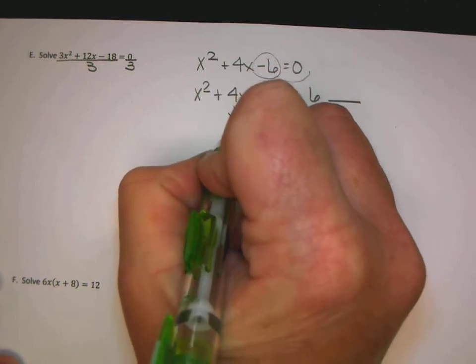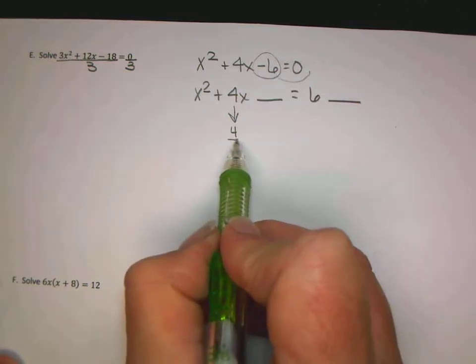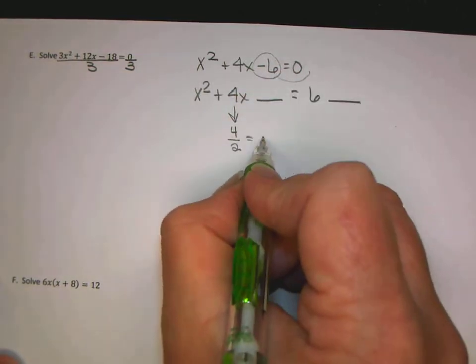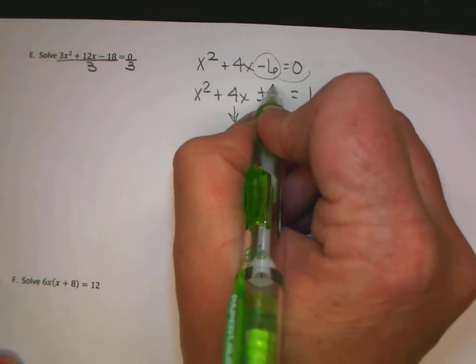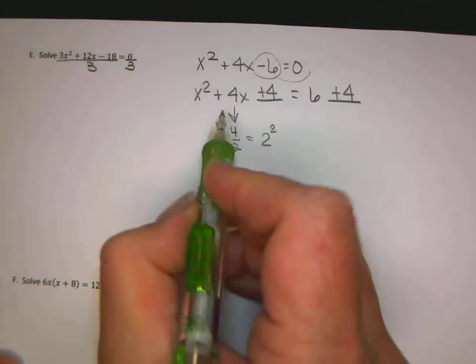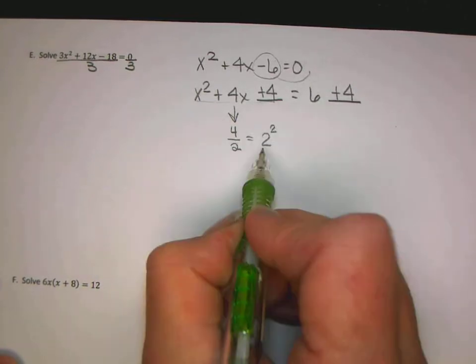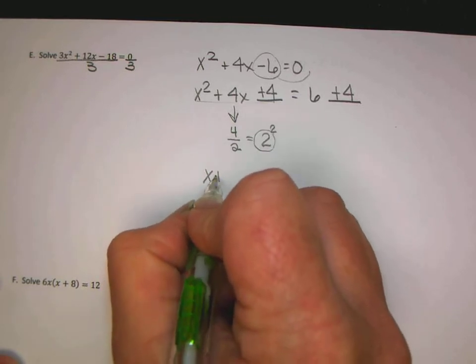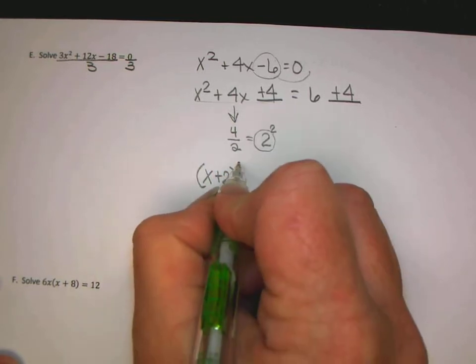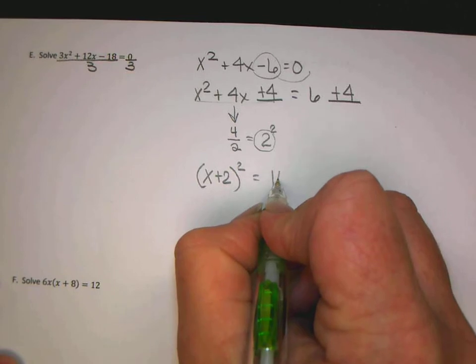Bring down the 4. Divide it by 2, which equals 2. You're going to square that, which is 4, and add that to both sides. We now have a perfect square trinomial that breaks down to x plus 2. Remember, that's what gives you your factoring. Squared equals 10.